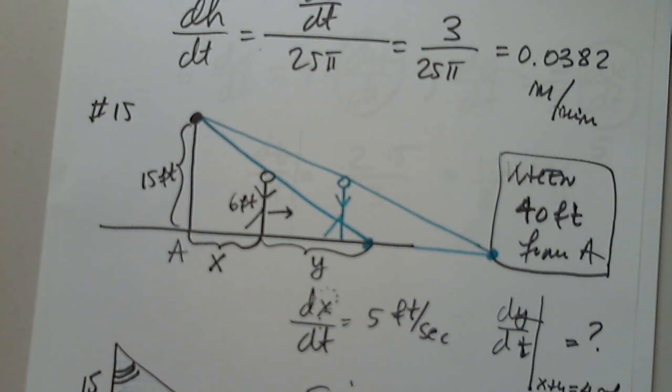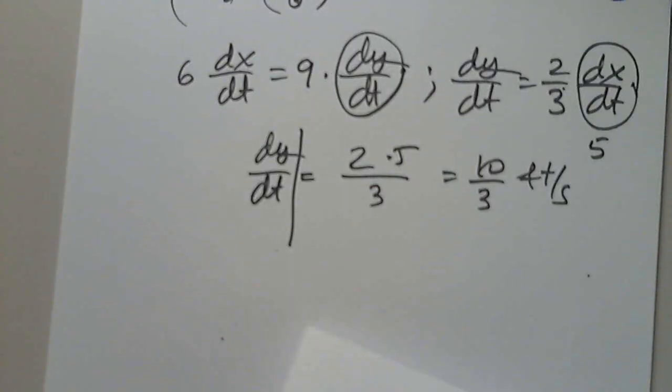Where is my book? It says, how fast is the tip of his shadow moving when he's 40 feet from the pole? So we have to consider x plus y.